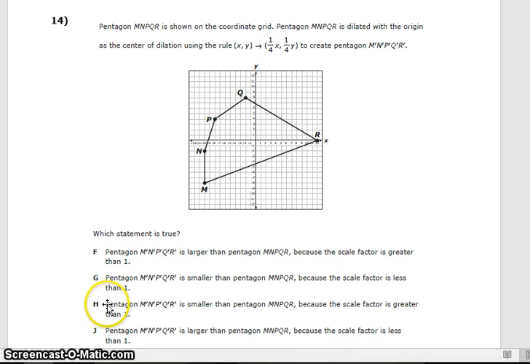H, pentagon MNPQR prime is smaller than pentagon MNPQR because the scale factor is greater than 1. Or J, pentagon MNPQR prime is larger than pentagon MNPQR because the scale factor is less than 1. So notice, is this greater or less than 1? And then what happens? You have this shape, multiply by that to get the new prime.